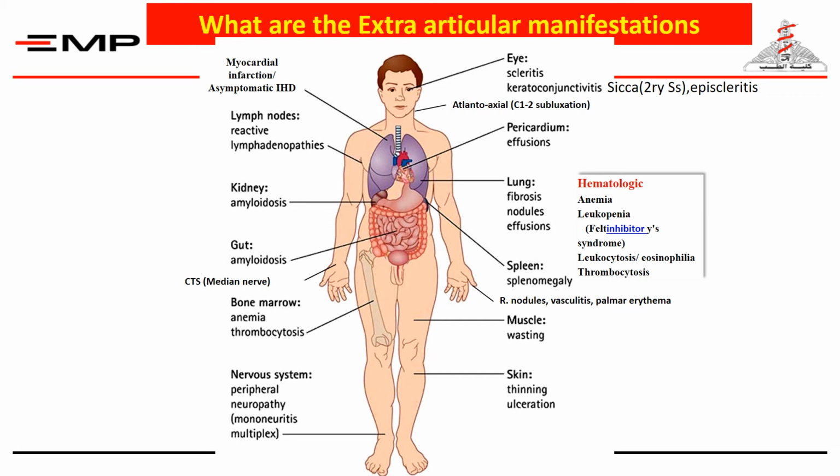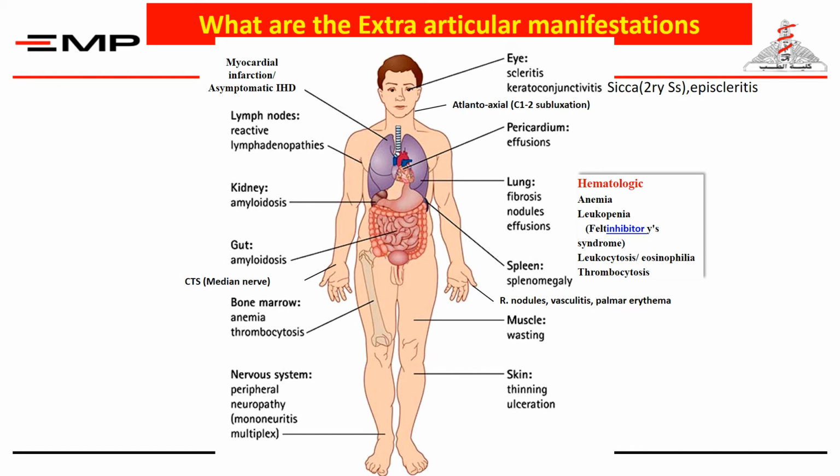The kidneys, as it is a chronic illness, can be affected by amyloidosis, causing nephrotic syndrome, or can be affected by treatment of rheumatoid arthritis, especially with nonsteroidal anti-inflammatory drugs. There may be rheumatoid nodules, vasculitis, or palmar erythema in the hands.